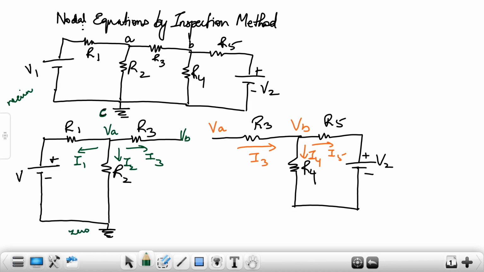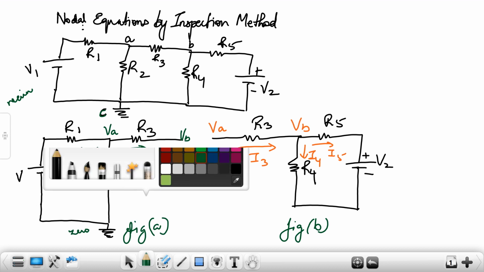Similarly, with respect to node B, I have drawn figure B, and this is your figure A. Now if you see figure A, all the currents are leaving the node. In figure B, what is happening? I3 is entering the node, whereas I4 and I5 are leaving the node.